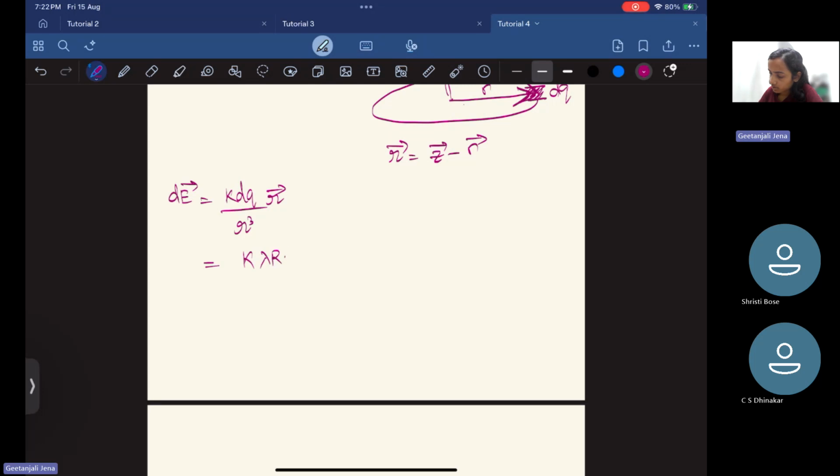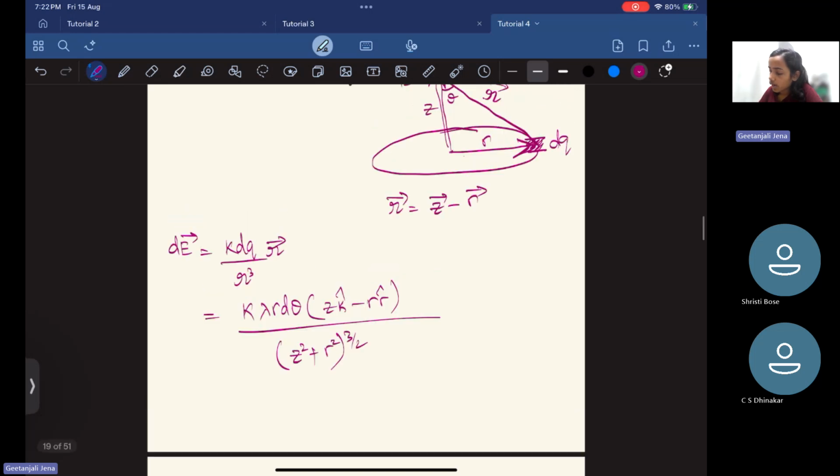R is constant. The vector r is z k cap minus R r cap, and r cube will be z square plus R square to the power 3 by 2.